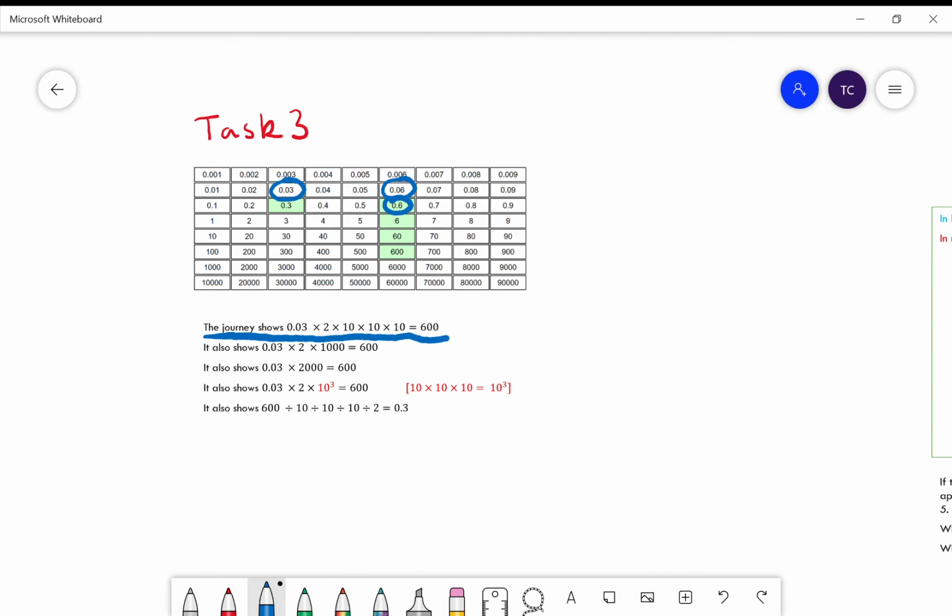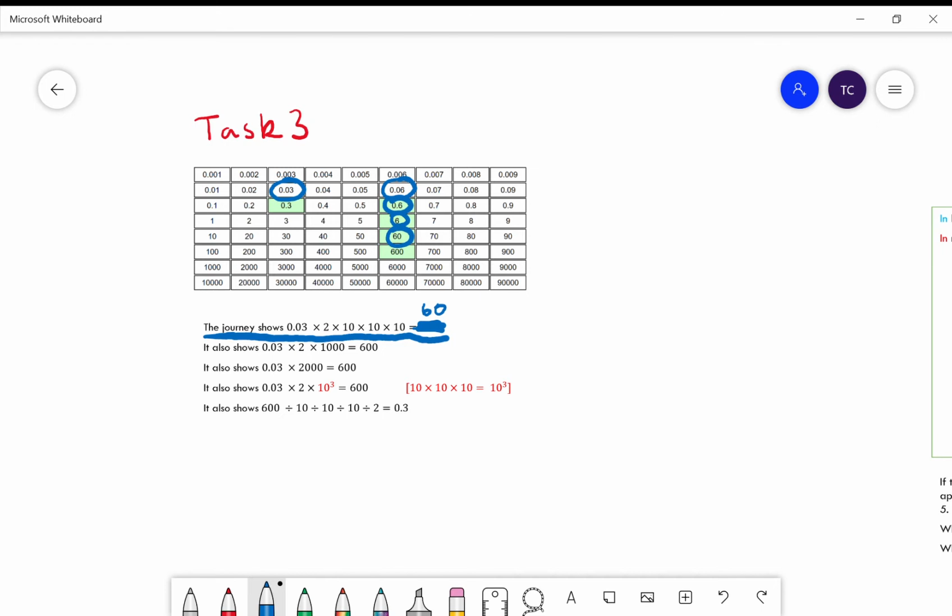And multiply by 10 again, it gives me 6. And then multiply by 10 again, it gives me 60. So that actually shouldn't say 600, it should say 60. And I'm hoping to change that soon, and I'll fix that. That's very annoying. But anyway, hopefully that gives you an idea of what this is all about.